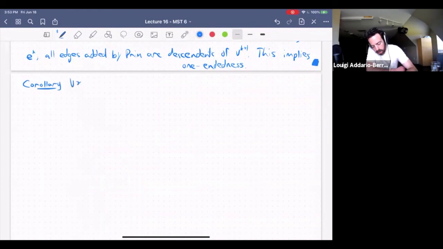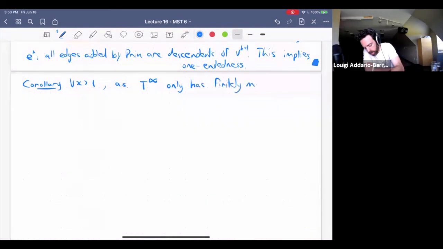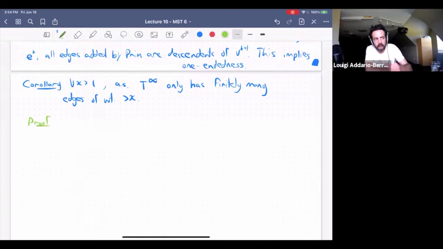So the corollary is just that for any x greater than 1, almost surely, T infinity only has finitely many edges of weight greater than x. And that follows from the description of the sequence lambda i.